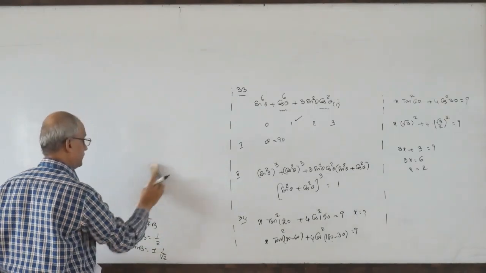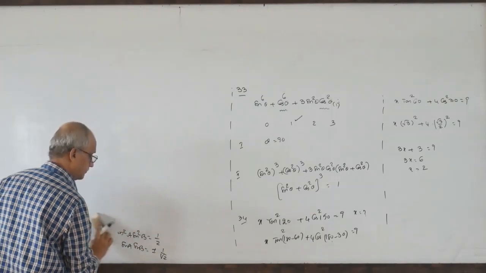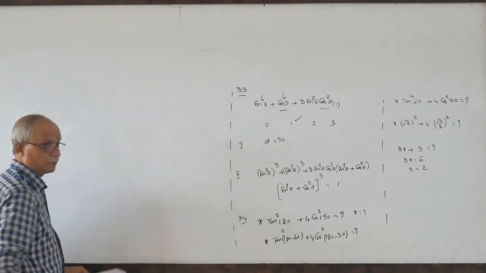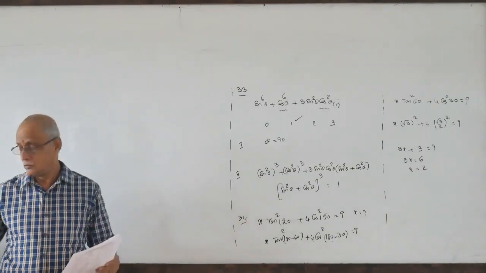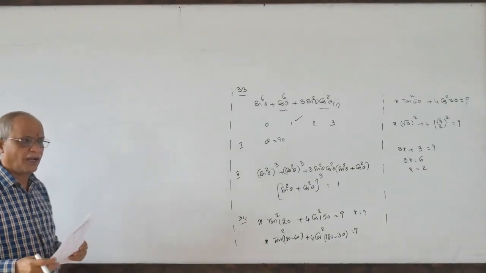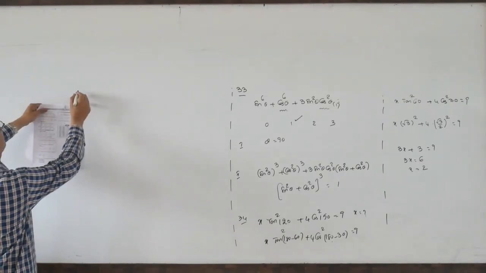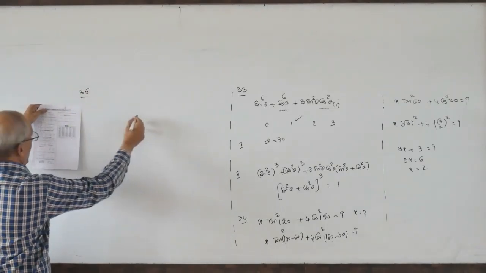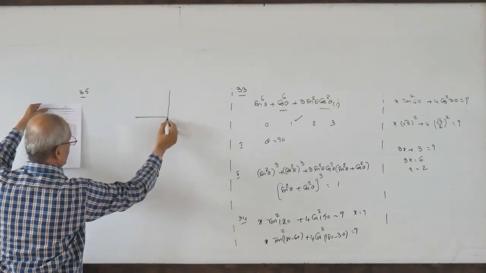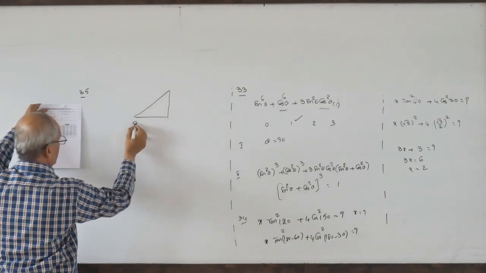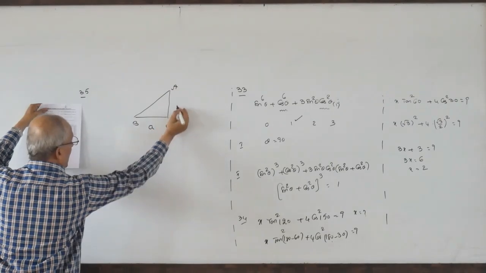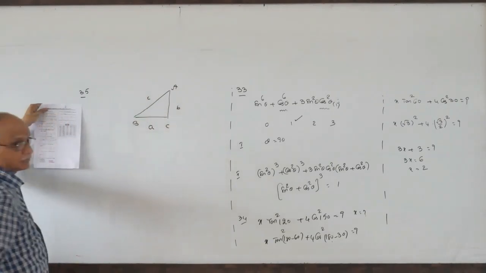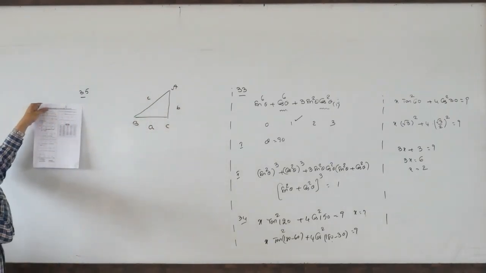That is, see, 35. A triangle, right angle at C. Then opposite sides are denoted by small letters a, b, c.